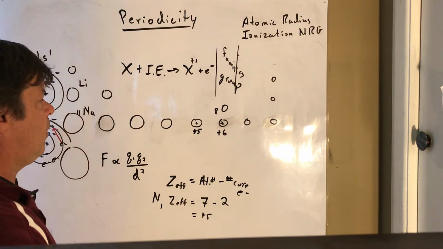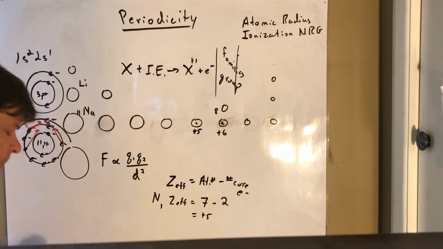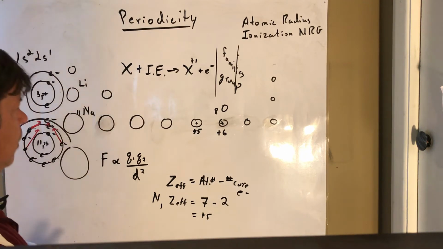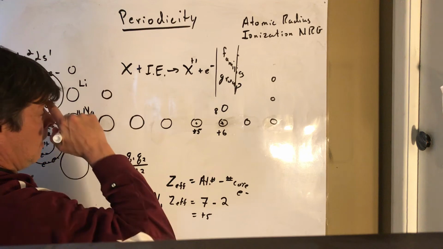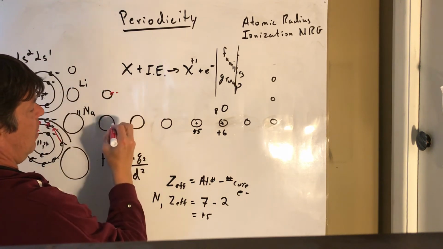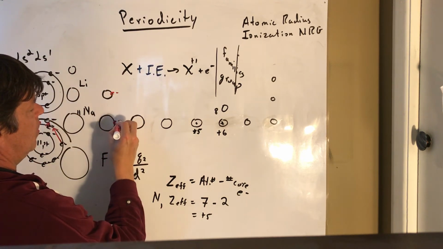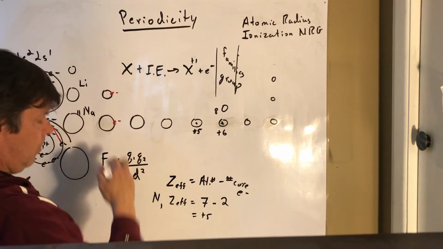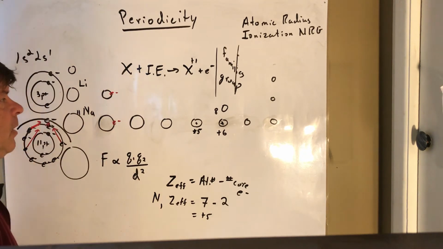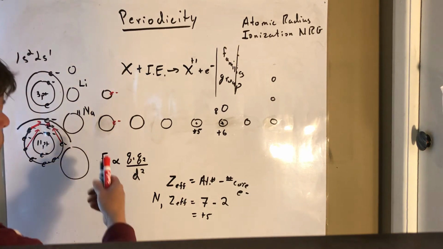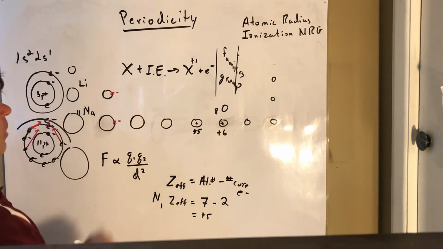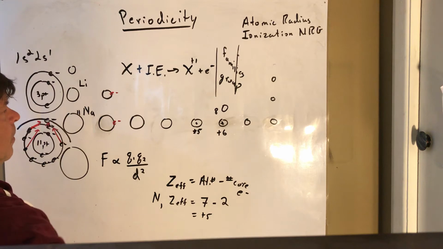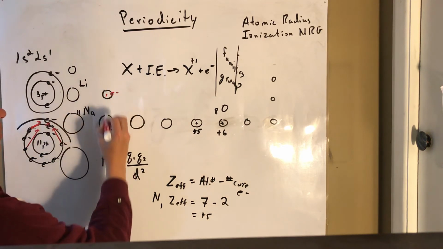So let's look at what happens when you go down a group. This is beryllium here, and this is magnesium. If you think about plucking off these electrons, which one's going to be harder? This electron or this electron? The nucleus is here.